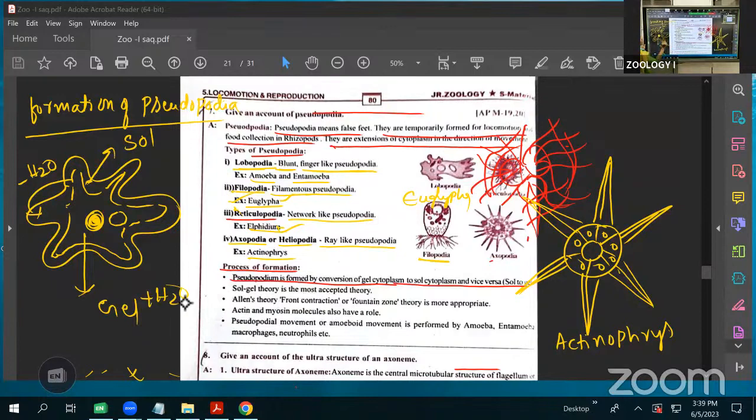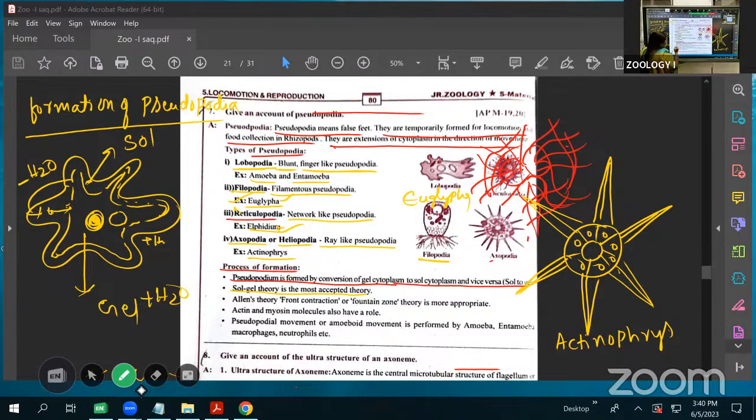Here, gel plus H2O comes as sol. Sol loses water and forms gel. Gel is present inside, sol is outside. Sol is converted into gel, and gel is converted into sol. That process is called the sol-gel theory. This is the most acceptable theory.